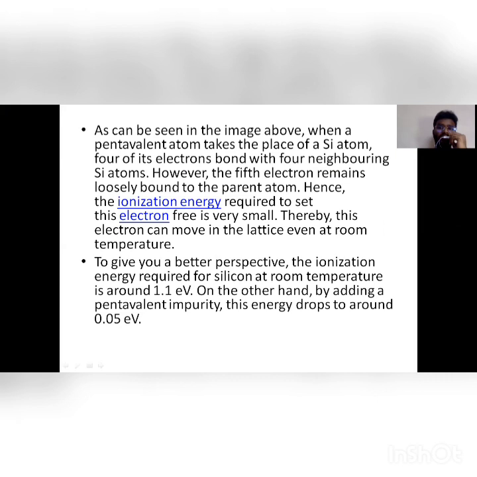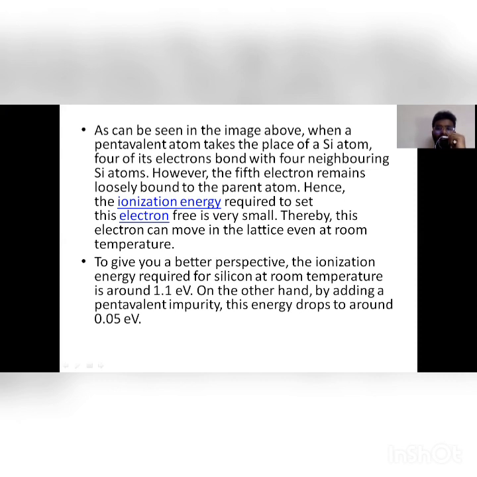As can be seen in the image above, when a pentavalent atom takes the place of a silicon atom, four of its electrons bond with four neighboring silicon atoms. However, the fifth electron remains loosely bound to the parent atom.